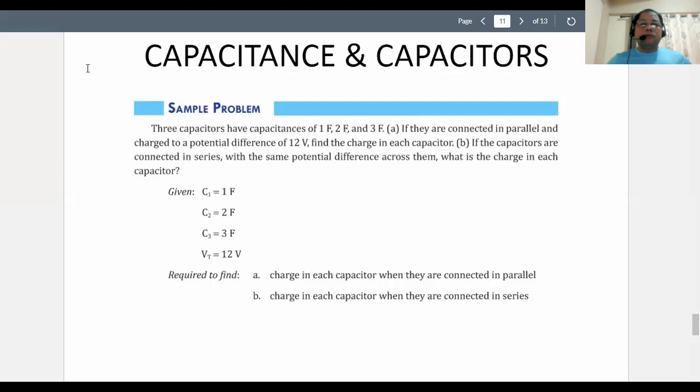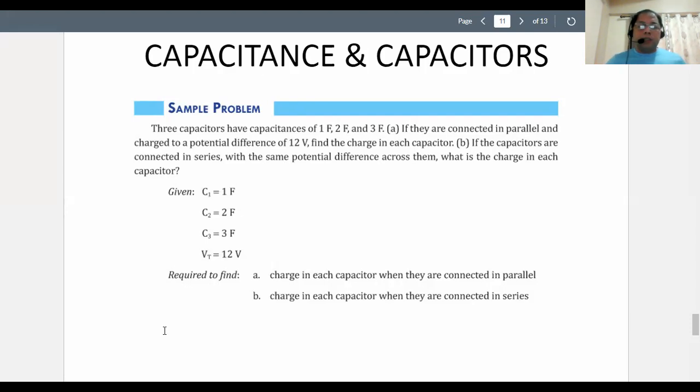So proceeding to this example, we have capacitances that are simply 1 farad, 2 farad, and 3 farad. Now, if we connect them in parallel, so you see the parallel connection from before.